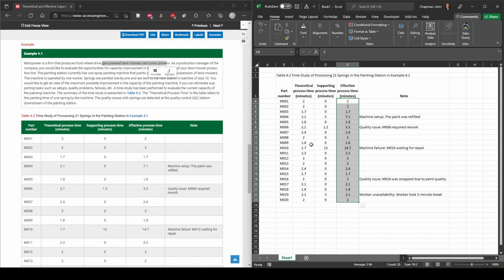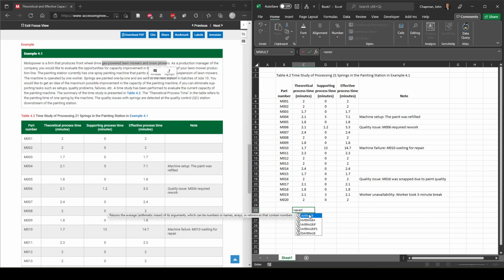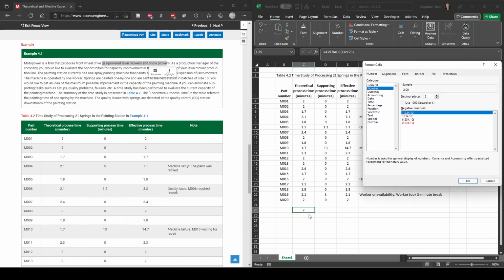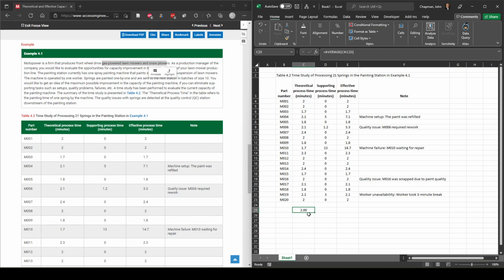So the first thing we want to do here is find out what is our theoretical capacity. Let's just do that by looking at the average of our theoretical process times. So I'm going to calculate our average, and that looks like 2. Let me go ahead and put it into a couple of decimals. Sure enough.